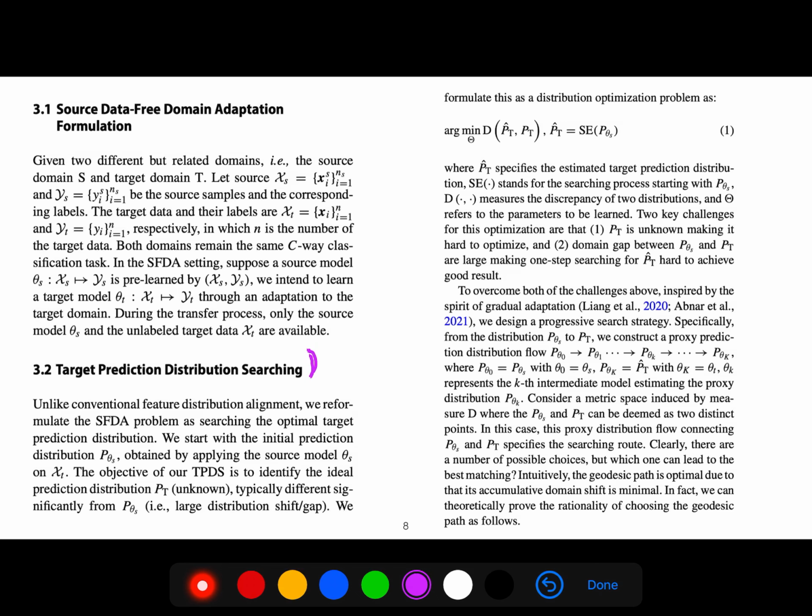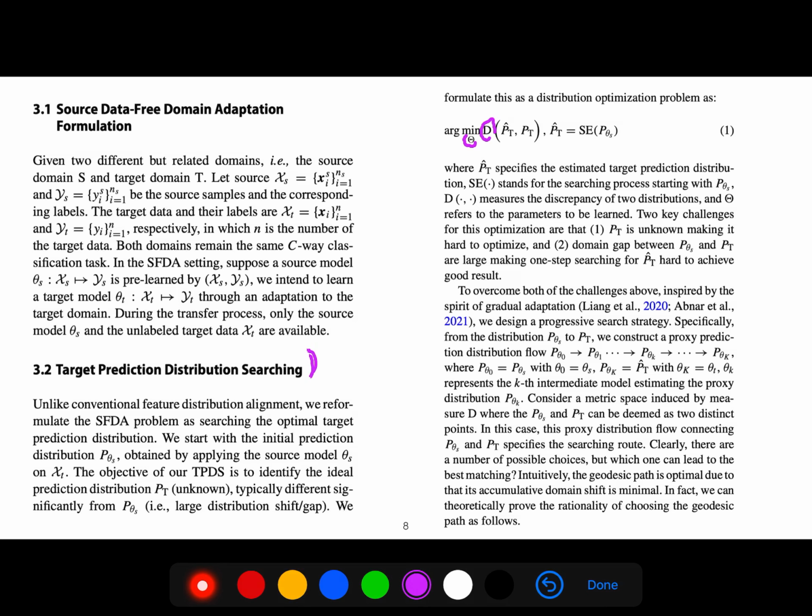The objective is to identify the ideal prediction distribution, which is unknown and typically differs significantly from the initial one, with a large distribution shift from the source, and we formulate it as a distribution optimization. This D measures the discrepancy between the two distributions. And these theta are the parameters to be learned.